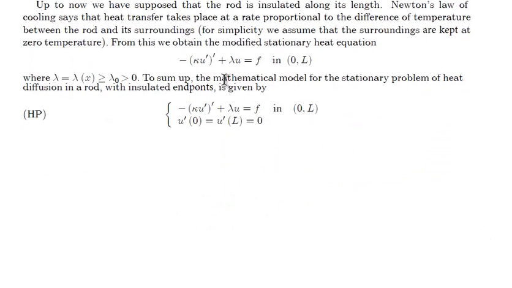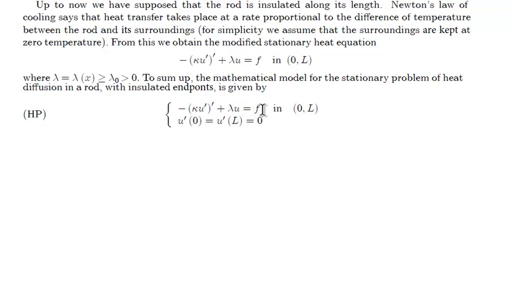So to sum up, our mathematical model is given by a differential equation, and we also need conditions at the two endpoints. In this case, we're assuming there is no heat flow at the two endpoints, so we call this an insulation condition. All right, so that's the derivation of a one-dimensional heat flow equation, which is a linear second-order differential equation.